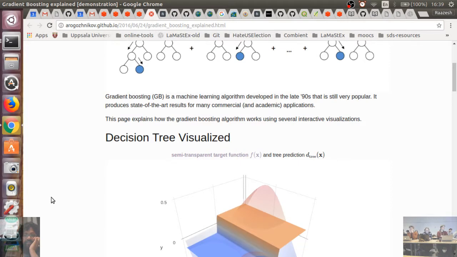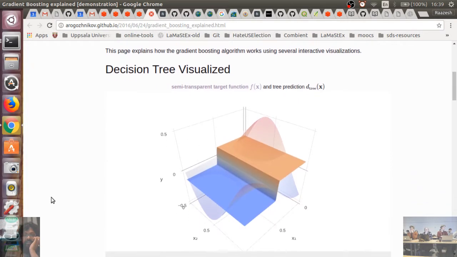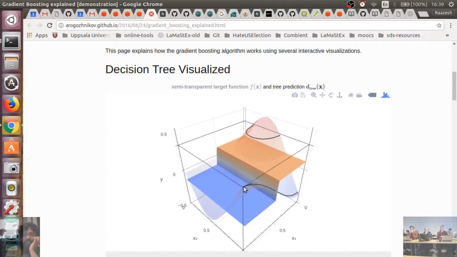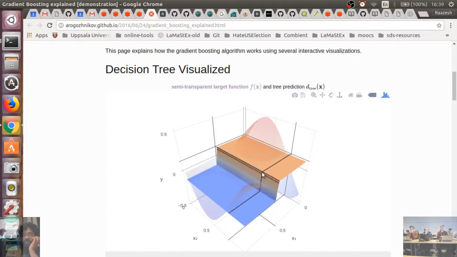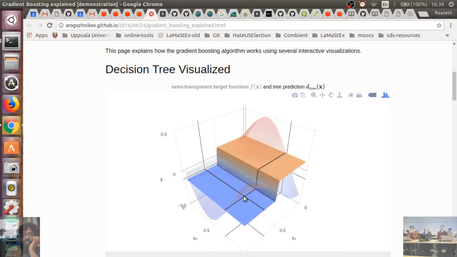Okay, so here's the main idea. You have a split along some dimension, right? And then you put some value for x and y. I told you these are called simple functions in mathematics. So you partition the space according to the tree and then assign values to it. This is one decision tree, right?